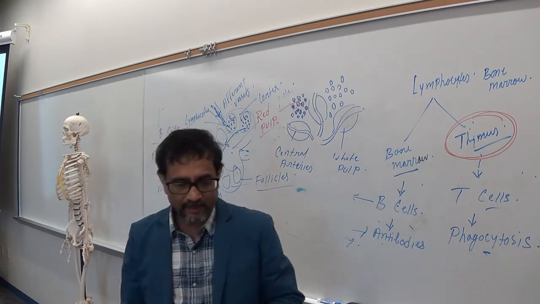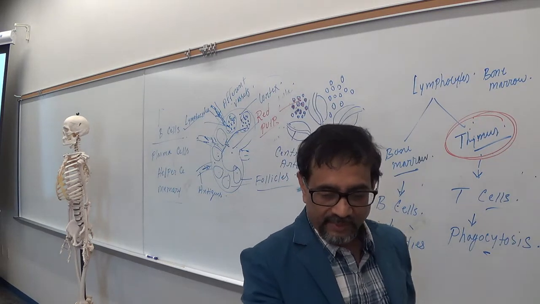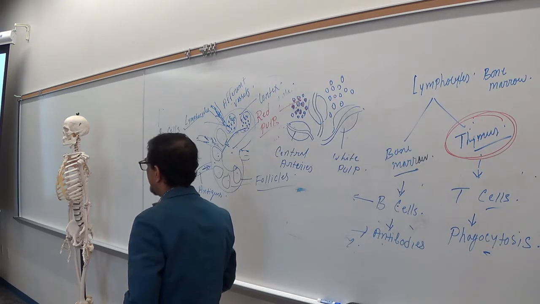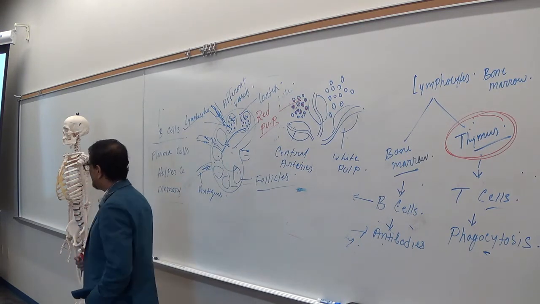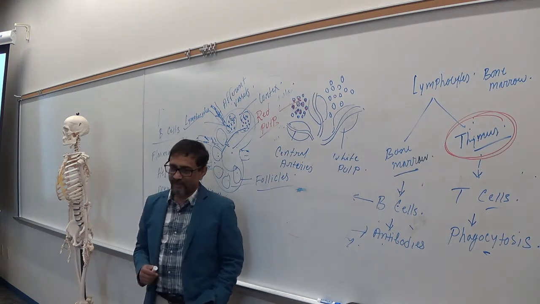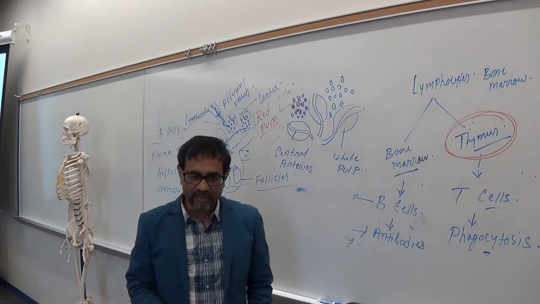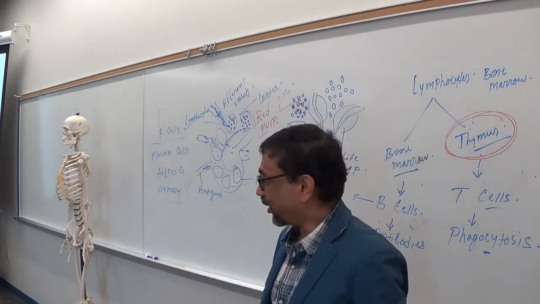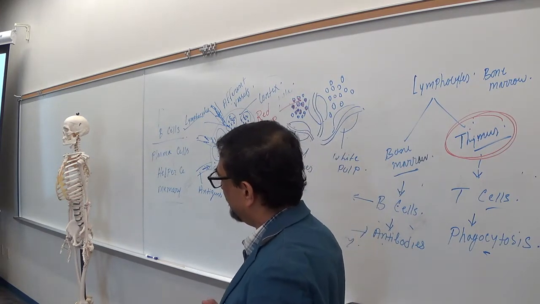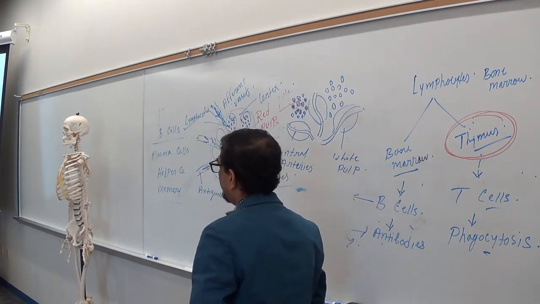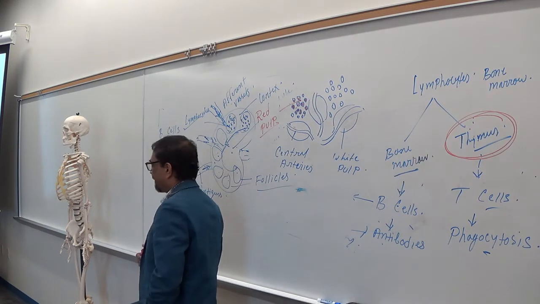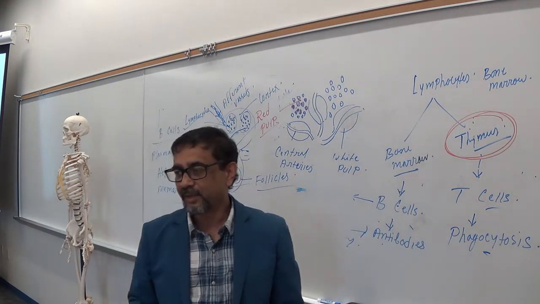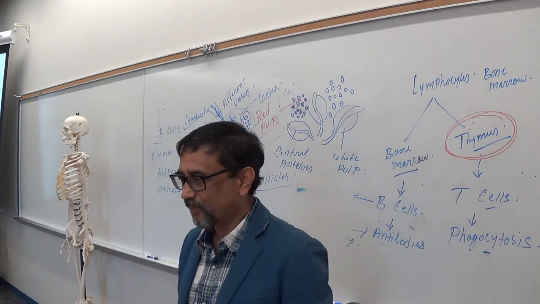Tonsils. Tonsils are palatine tonsils, lingual tonsils, and pharyngeal tonsil. Based on the location, they have been named on their locations. Palatine tonsils are located behind the soft palate.